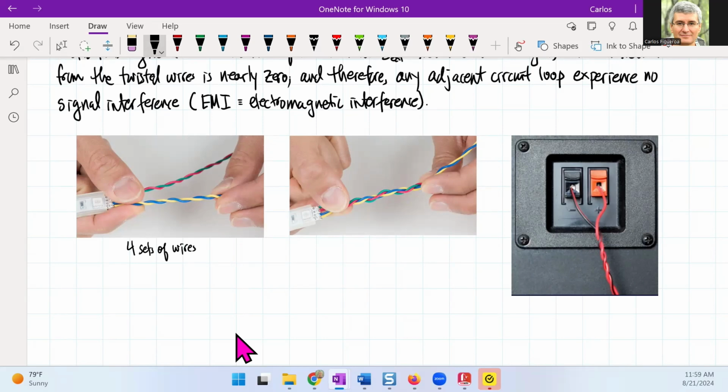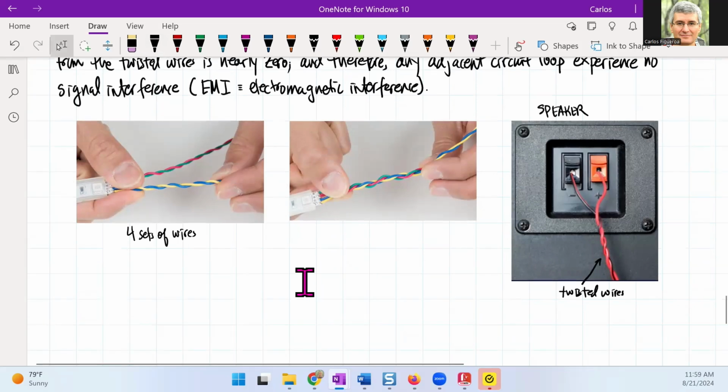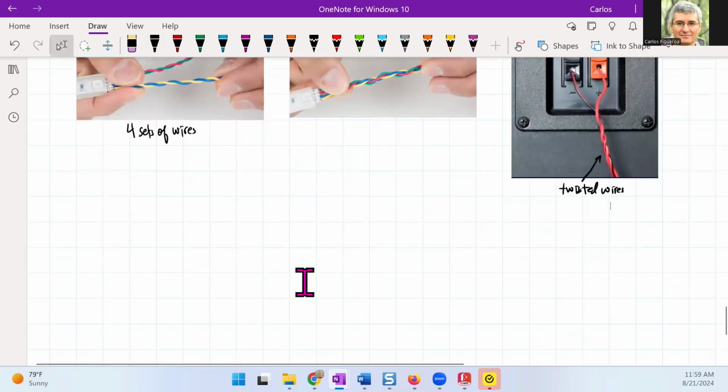And then you could see here is that this is a speaker, and you could see right here, look at that. There's twisted wires, as it should be.